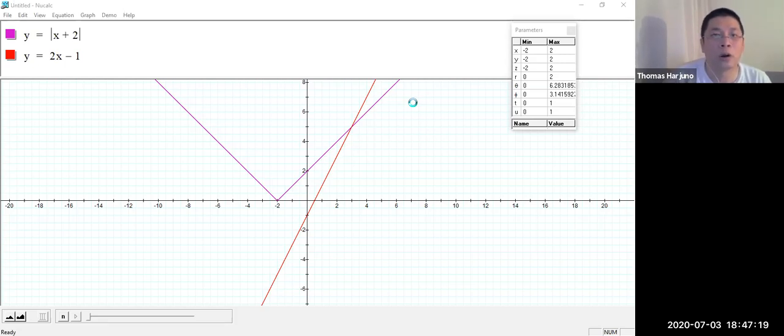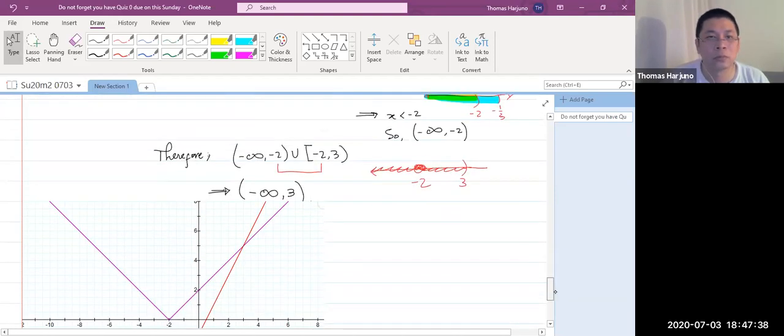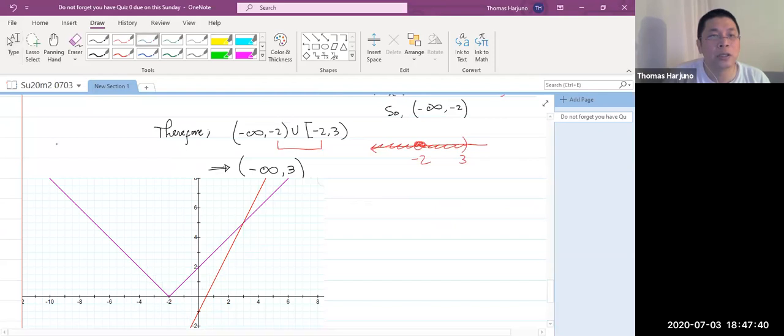Let me put this graph back into our notes. So you see, this is the graph of the absolute value of x plus 2. And this red one here refers to the graph of 2x minus 1.